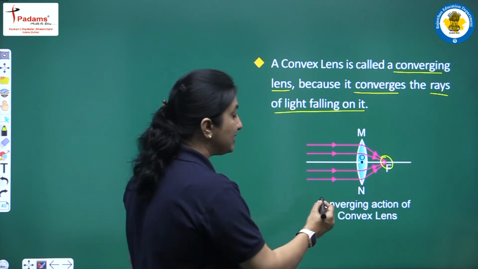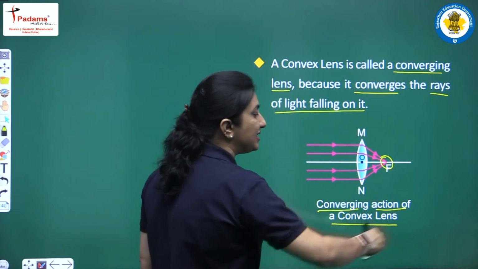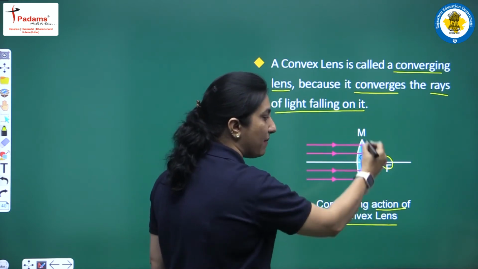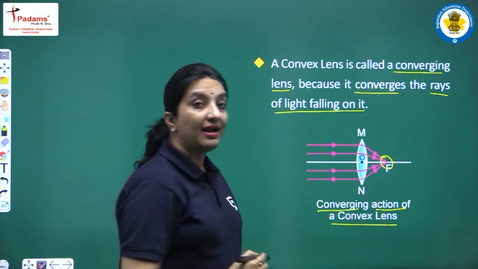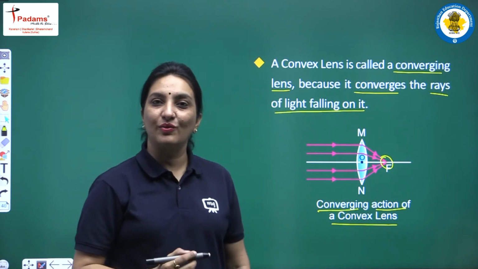This picture shows the converging action of a convex lens, that all the rays which are incident on the lens MN get converged at a point F. That is why a convex lens is called a converging lens.